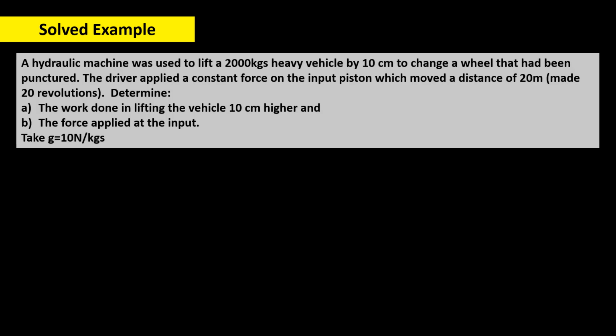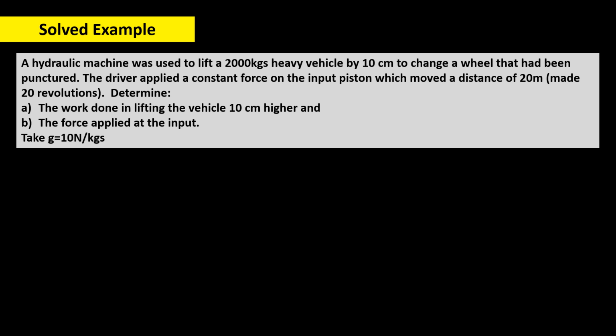A solved example of the use of Pascal's principle in a hydraulic jack. A hydraulic machine was used to lift a 2000 kilograms heavy vehicle by a height of 10 centimeters to change a wheel that had been punctured.